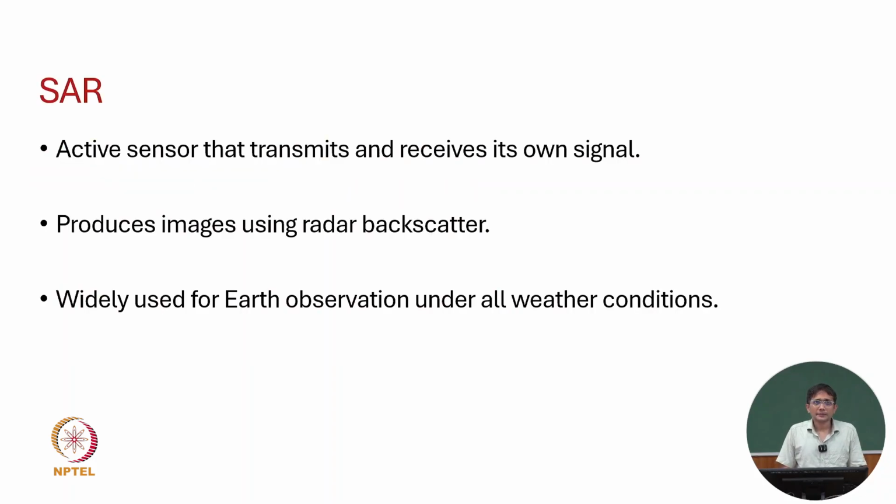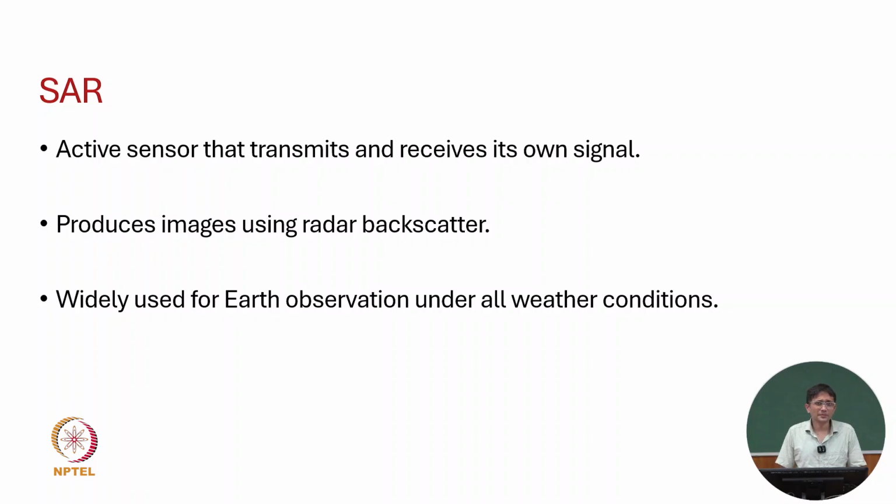So SAR, synthetic aperture radar, is an active sensor that transmits and receives its own signal. It produces images using the radar backscatter. It's widely used for Earth observation under all weather conditions.